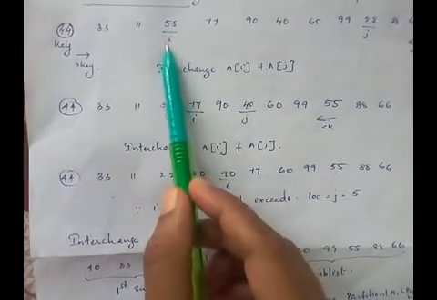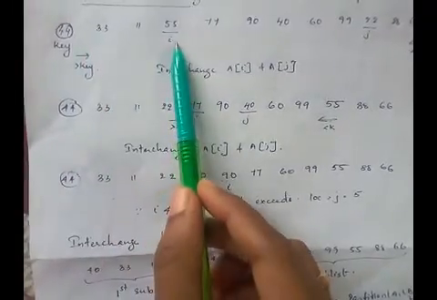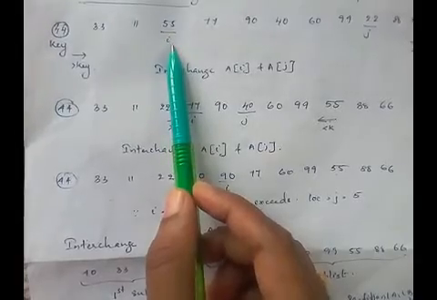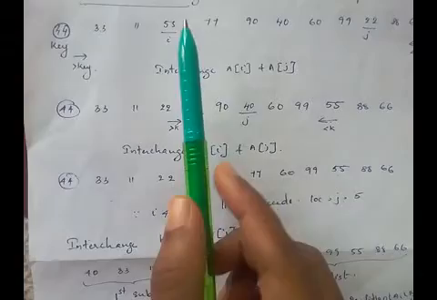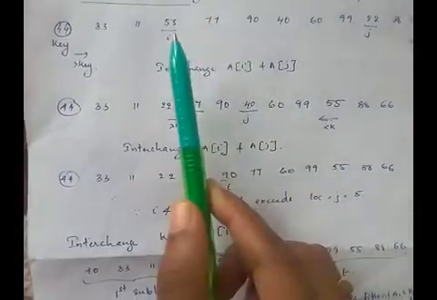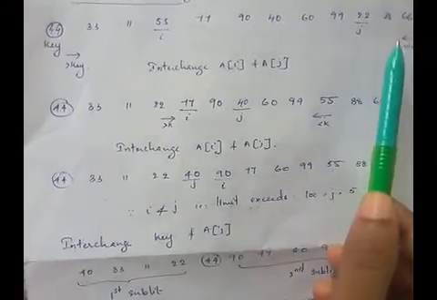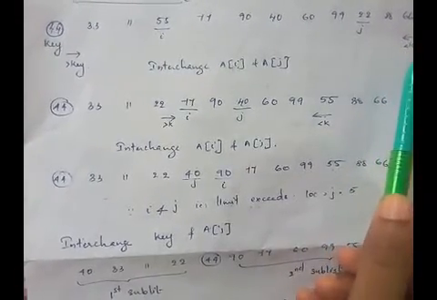Suppose i is a variable used to scan from left to right, then i will stop at 55, at the position where 55 is stored. Now you have to do scanning from right to left also. Scanning from right to left, we are looking for an element which is less than the key element.